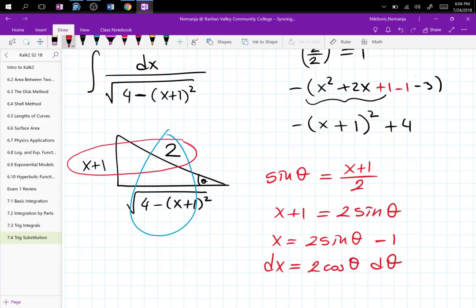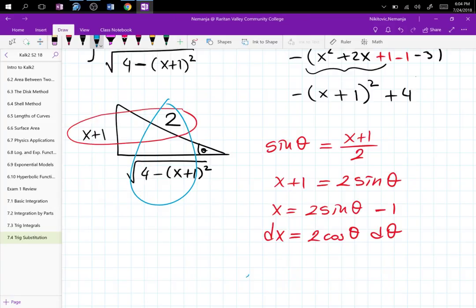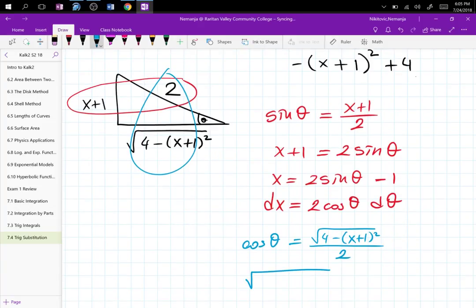Now we do the blue equation, which is the cosine equation. Cosine theta is equal to the square root of 4 minus (x plus 1) squared, divided by 2. And from there, the square root, which is the piece we need, is equal to 2 cosine theta.